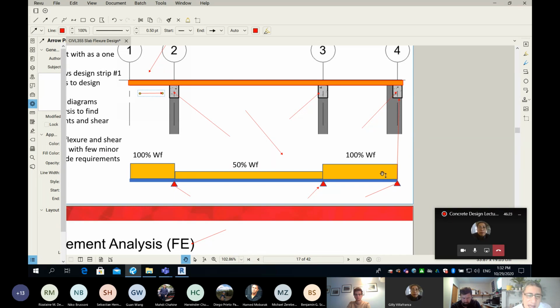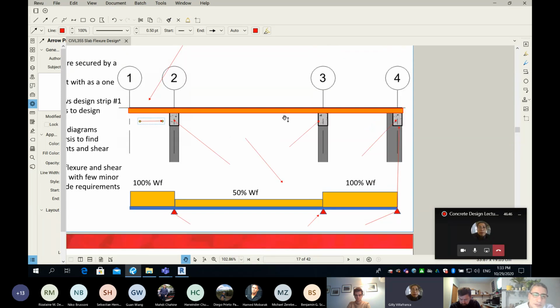Can we do that? Well, to find the moment, first of all, if you're only taking a strip, you have to multiply it with the tributary area, so then you can get the load and multiply it by the length.